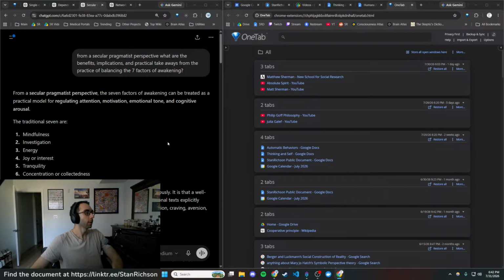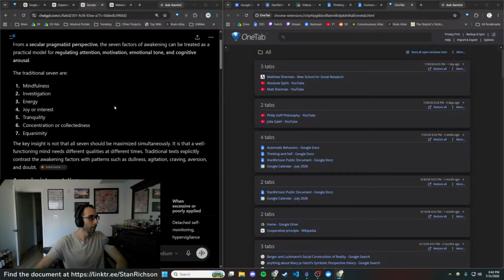Okay, from a secular pragmatist perspective, the 7 factors of awakening can be treated as a practical model for regulating attention, motivation, emotional tone, and cognitive arousal. The traditional 7 are mindfulness, investigation, energy, joy or interest, tranquility, concentration or collectedness, and then equanimity.